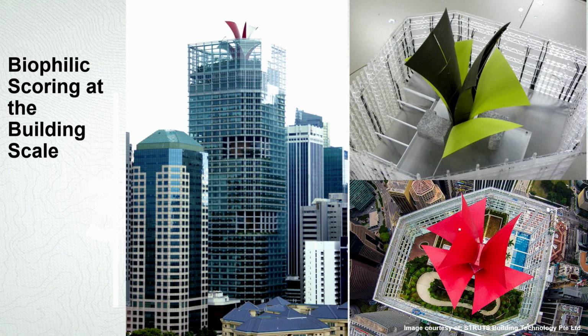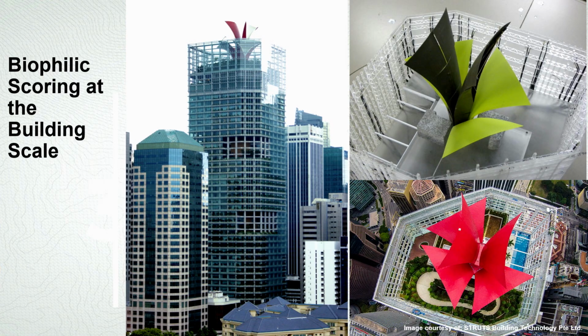So finally, I'm going to look at the building scale. So here we're going to be focusing on Singapore. And this particular project that my firm was actually involved with is the Capita Green building in Singapore, which includes a number of biophilic elements in its design. So for example, the facade is a unique double glass panel facade that has a 2-foot gap between that actually has sky gardens planted in between it.